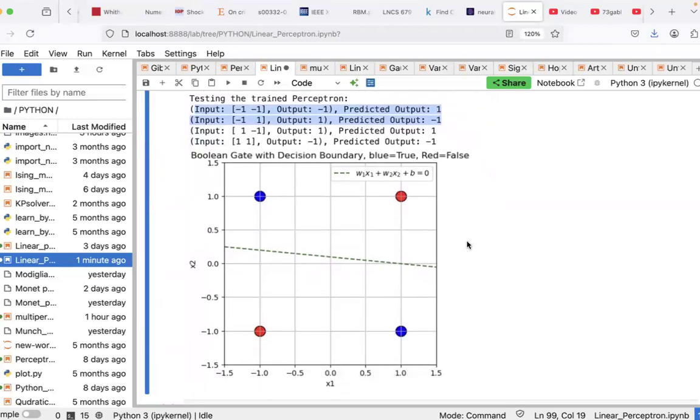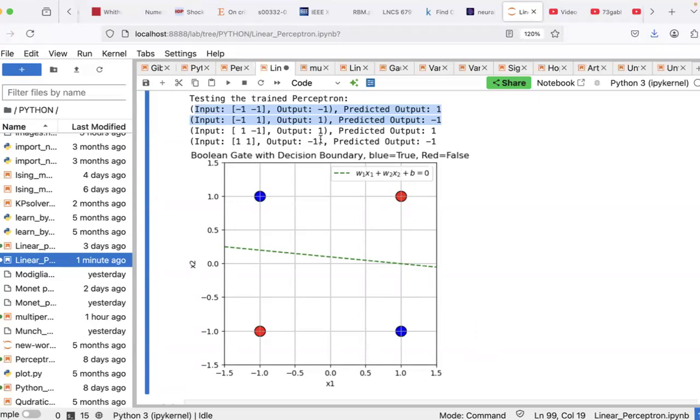Because when we plot the data in the input space, you see that there is no way to draw a line which is able to separate the blue points from the red points. For doing so, we will need two decision boundaries, okay? So with a linear perceptron, you cannot model the XOR gate.